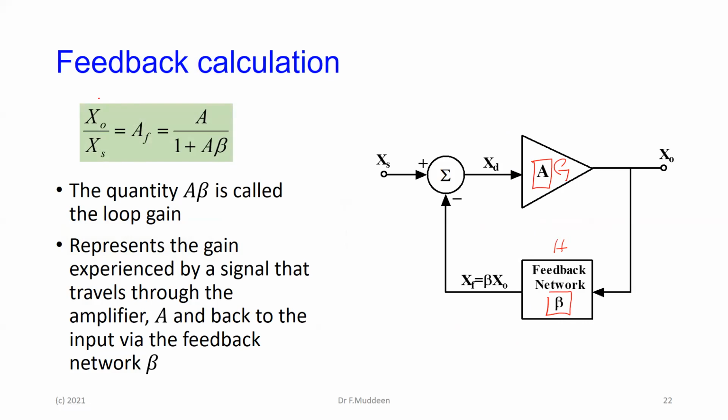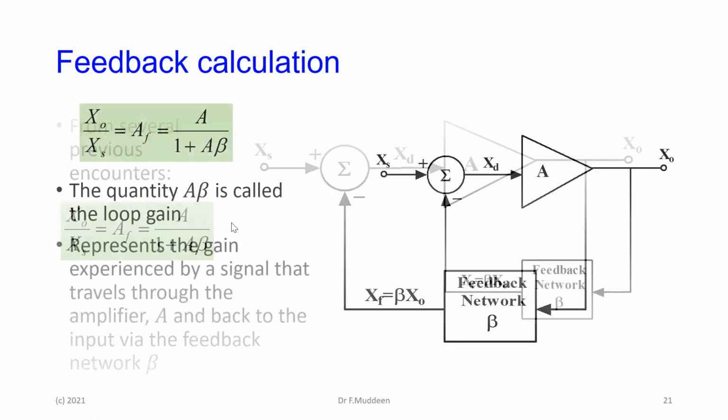So the loop gain here is G over 1 plus GH, which is A over 1 plus A beta. Because it's negative feedback, the sign is positive. If it was positive feedback, like when we were creating the oscillators, you get A over 1 minus A beta. And what we were trying to do is to make this close to 1, so the thing oscillates.